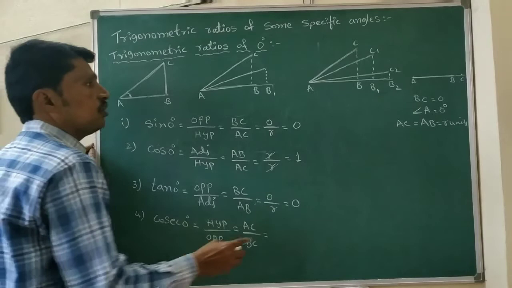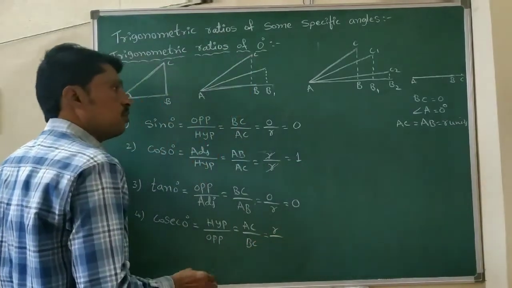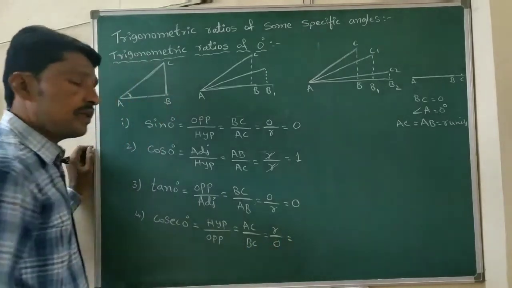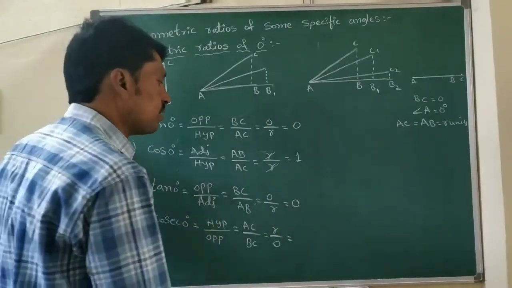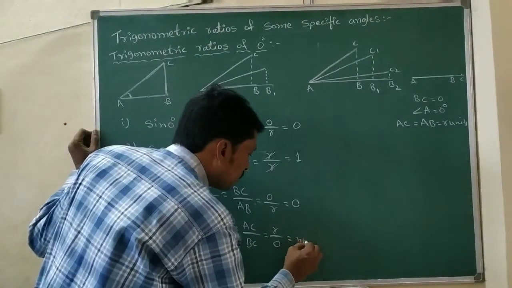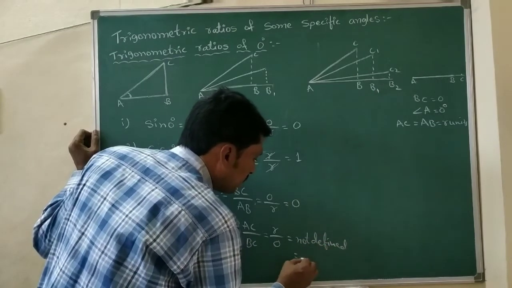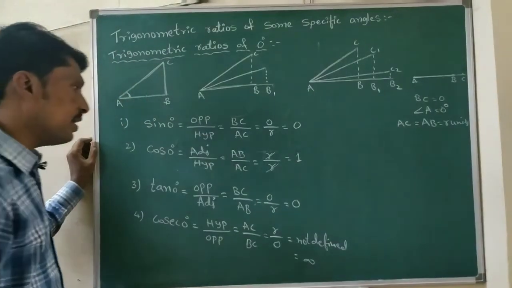AC value we took as R, and BC value is 0. R by 0. Something by 0 means it is not defined, or we can take it as infinity.